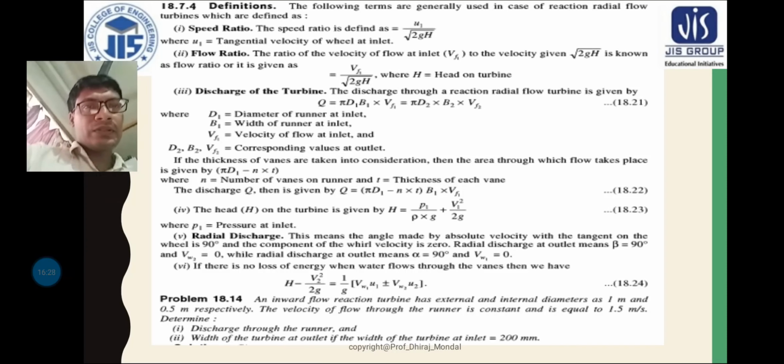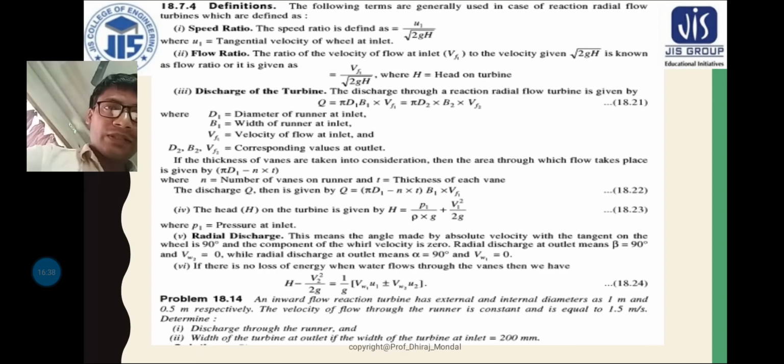Okay, so keep it in your mind, very important. Next, the discharge Q we can write as pi (d1 minus n t) into b1 into Vf1 if the thickness is taken into consideration.